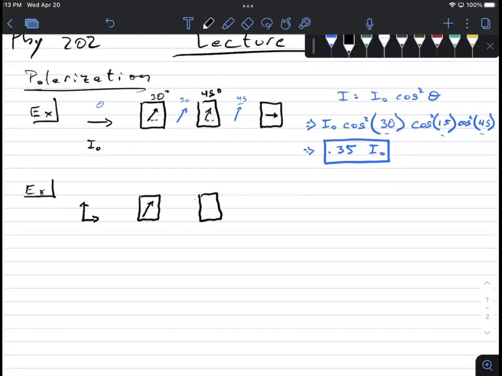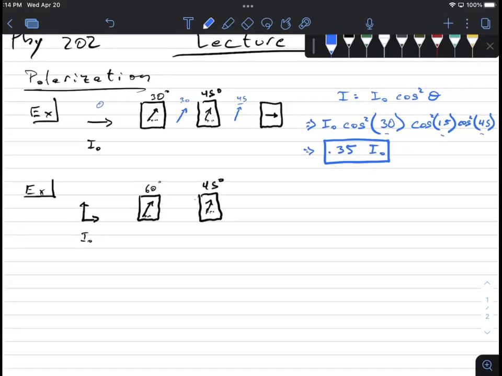This guy will be at, let's say, 60 degrees. And this guy will be at 45 degrees. And so that's my question here. Now I start with unpolarized light, and I want to try to get through these two filters. How much light makes it through?